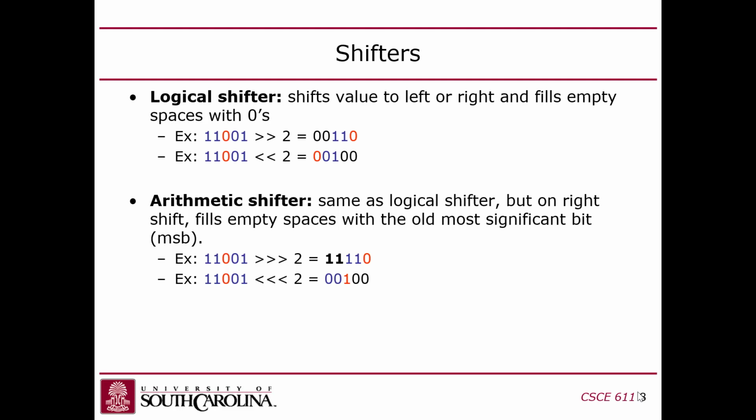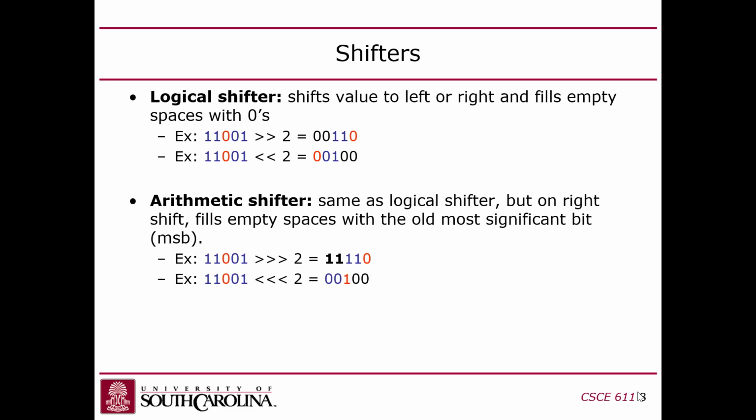This is the shift symbol in C, in Java, and in Verilog. This would mean I'm going to take this binary value and shift it 2 bits to the left, meaning that the 2 rightmost bits get shifted away, right?